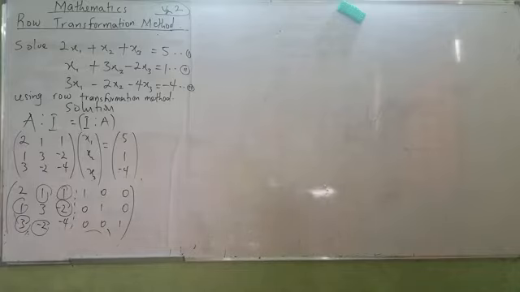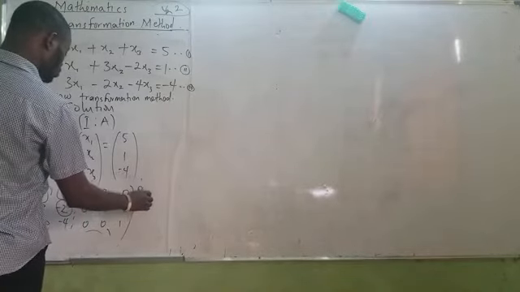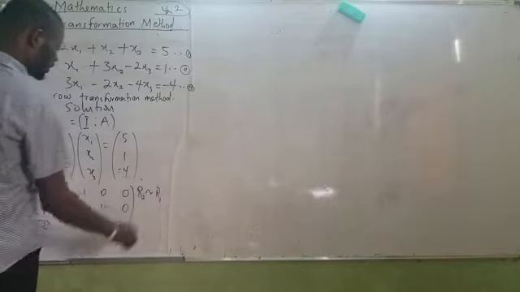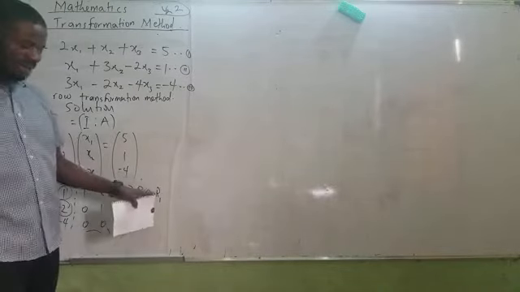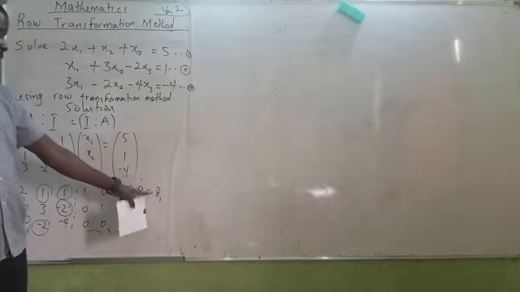Now, if I should start, I can easily say that my row 2, row 1. I've told you that whenever you are listening, it means we are operating; we are reducing.